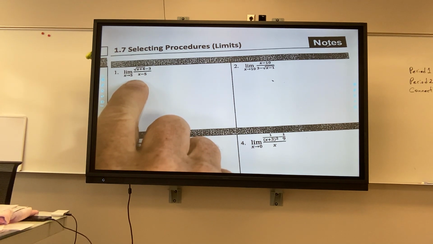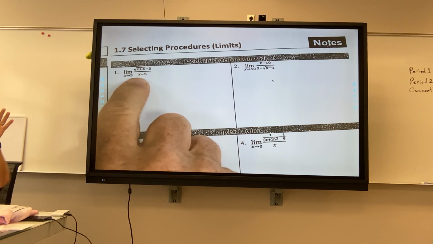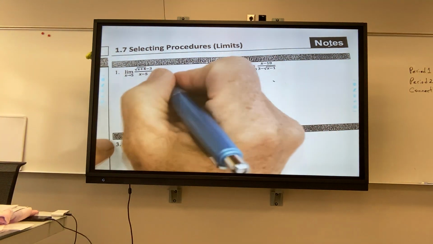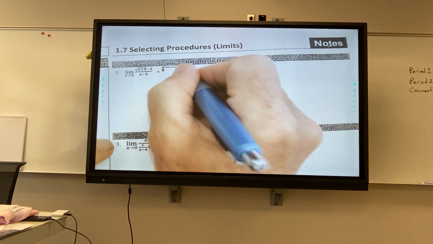It looks like a fraction, a rational expression, so let me plug it into the denominator. I'm dividing by 0, can't be done. There's no factoring here, because there's nothing squared. I see a radical, so I'm thinking conjugate. Everybody understand my thinking here? So this is what we just learned, and this is the conjugate one.